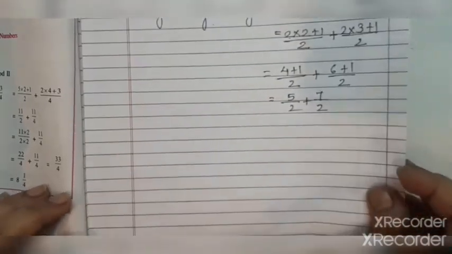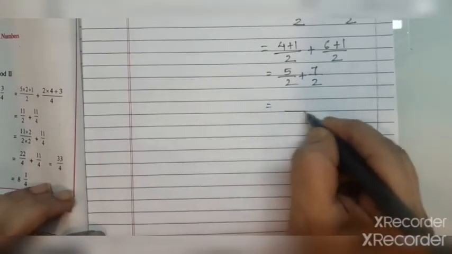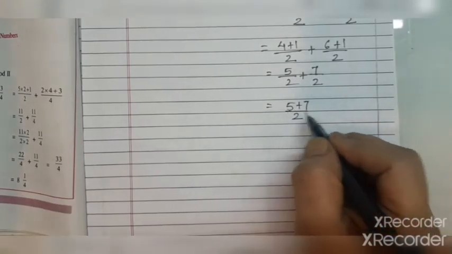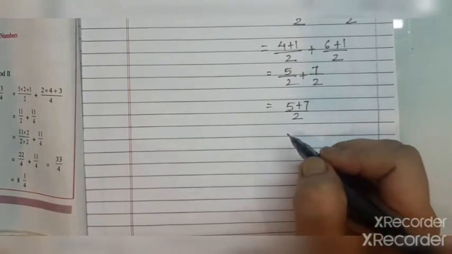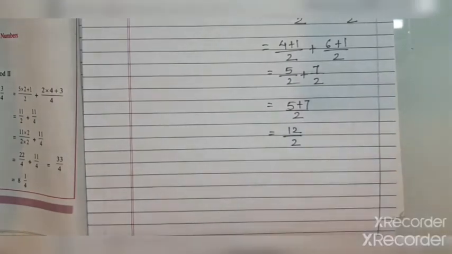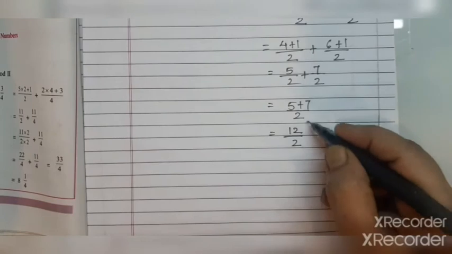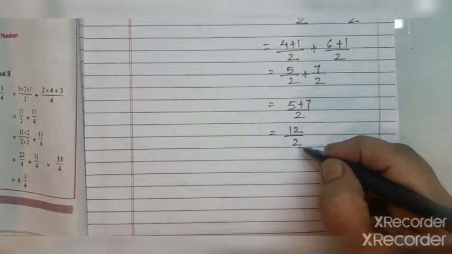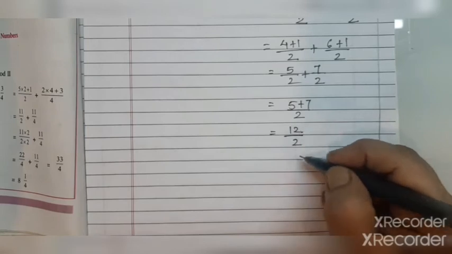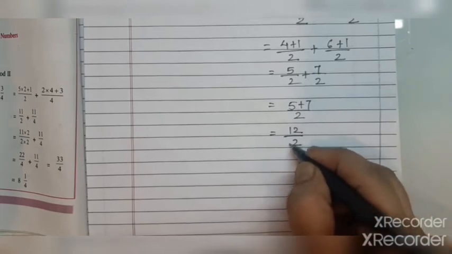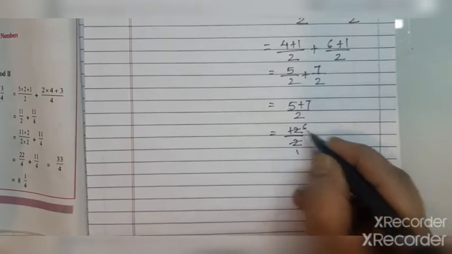Since the denominators are same, I will straight away add the numerators. So 5 plus 7, writing the denominator only once. Okay. So now I got it as 12 upon 2. Can I reduce this? And how do you reduce? This 2 and 12 are divisible by the same number, that is 2. So 2 ones are 2, 2 6s are 12.